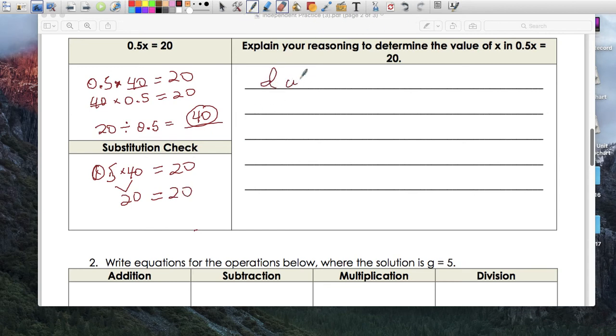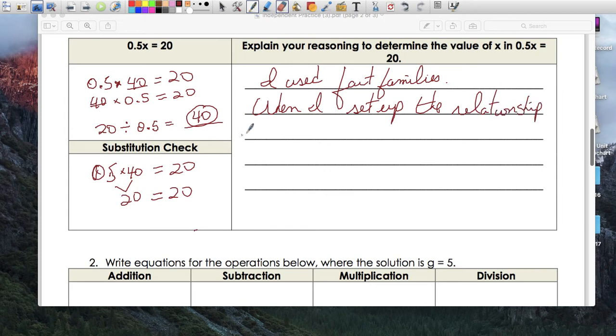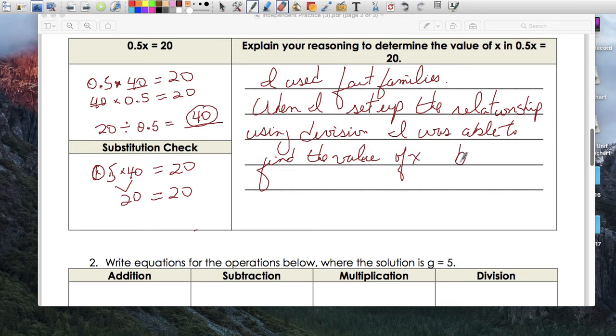Well, I set up fact families. When I set up the relationship using division, I was able to find the value of x by, and remember how we found it?